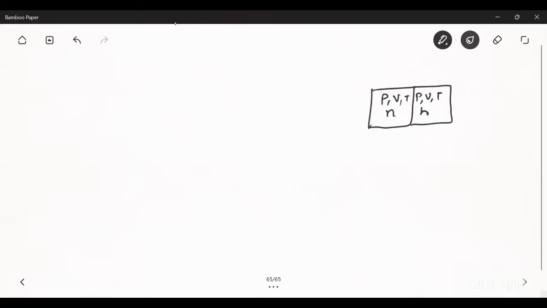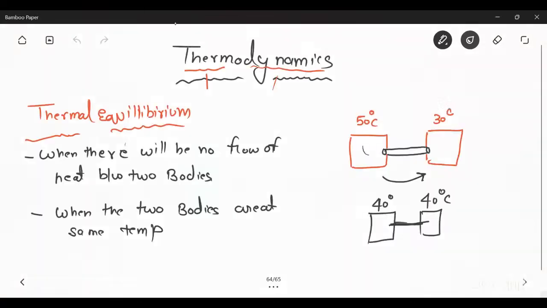Because if you change the pressure, the temperature will also change. If you change the volume, the temperature will also change. If you change the number of moles, then the temperature will also change. There are various laws, Charles's law, Boyle's law, and Dalton's law, all related to each other, so they also affect the properties of thermal equilibrium.